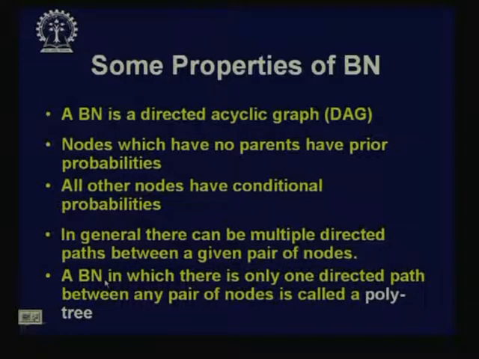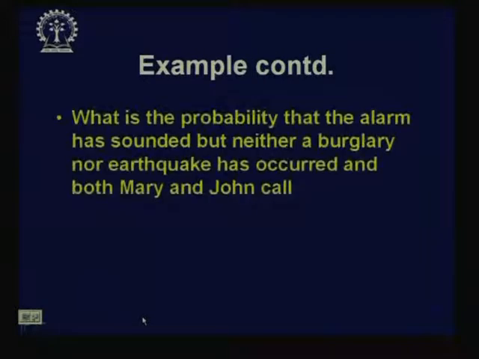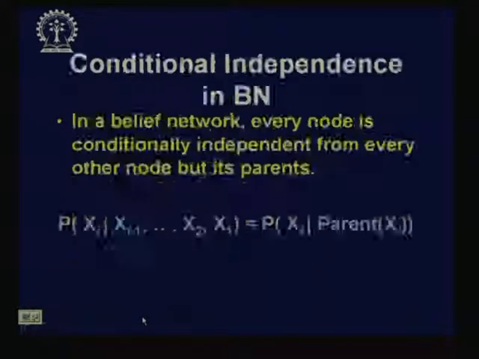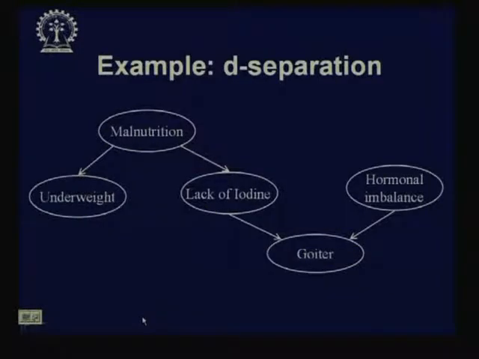We will consider the case when there is only one directed path, or only one path, I would say, between any pair of nodes, and that scenario is known as a polytree. So, I will show one polytree first.